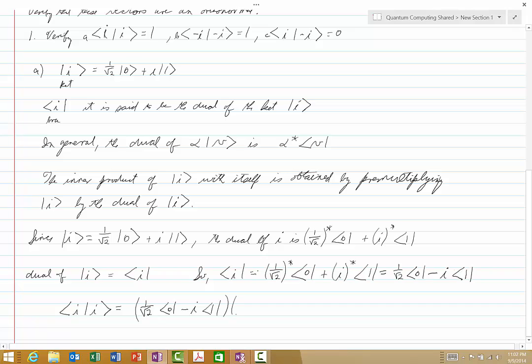That is pre-multiplying, and by pre-multiplying I just mean it's to the left of it. That is pre-multiplying 1 over square root of 2, 0, plus I, 1.